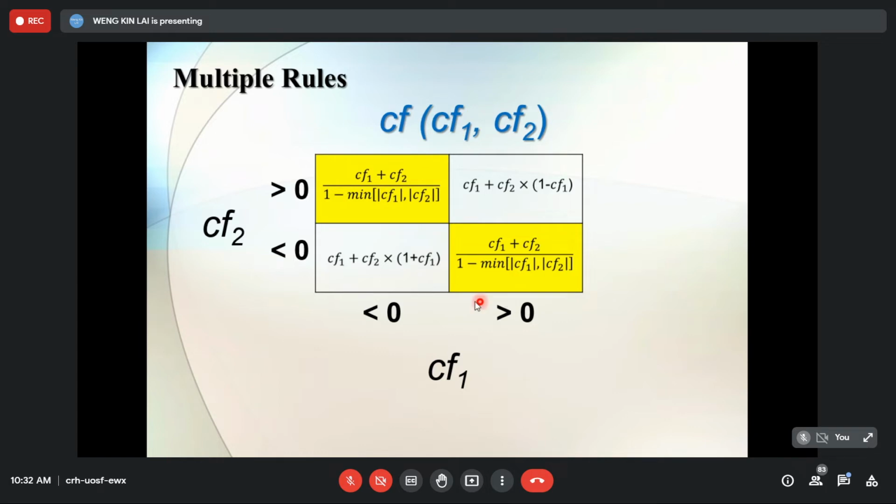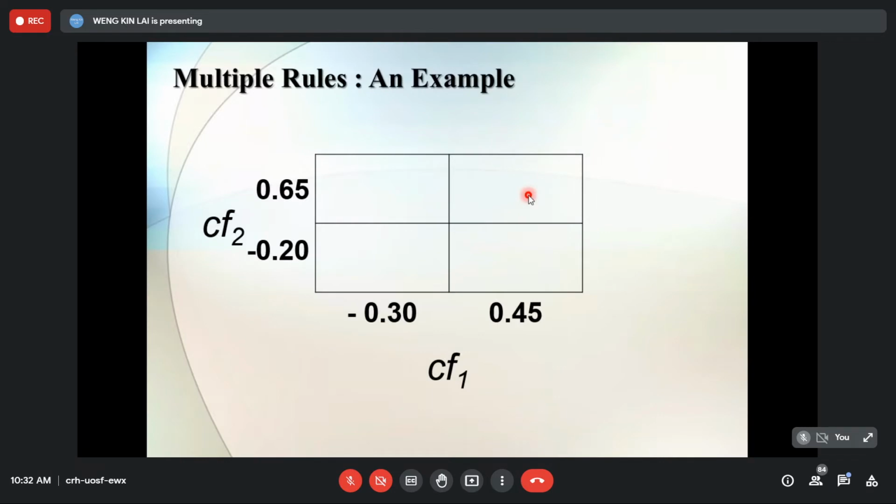On the other hand, you can have CF2 negative but CF1 positive. So either one is positive, which is represented in the yellow boxes. Otherwise, you use the formula shown here. So it's basically just that you have to know how to use the formulas.